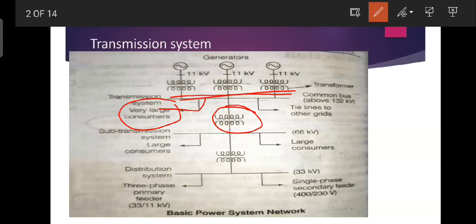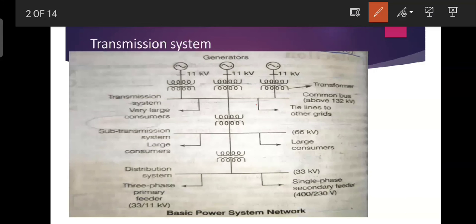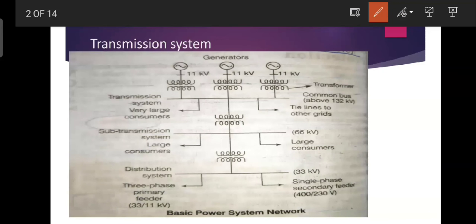It converts low voltage to high voltage for transmission, so 11 kV will be converted to 66 kV. There is also a very large consumer here.